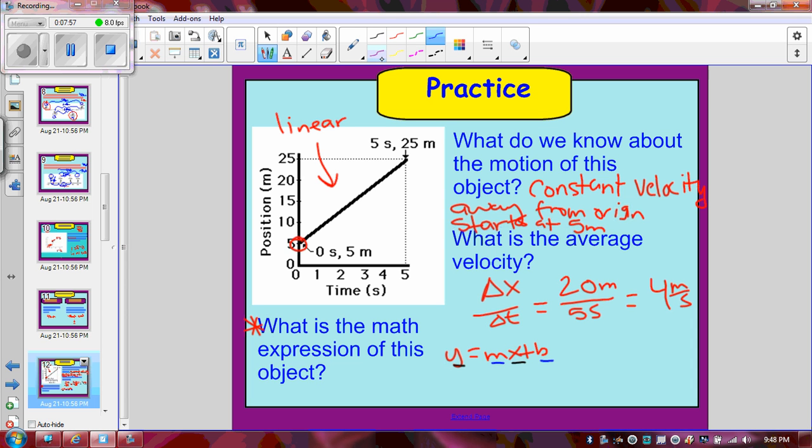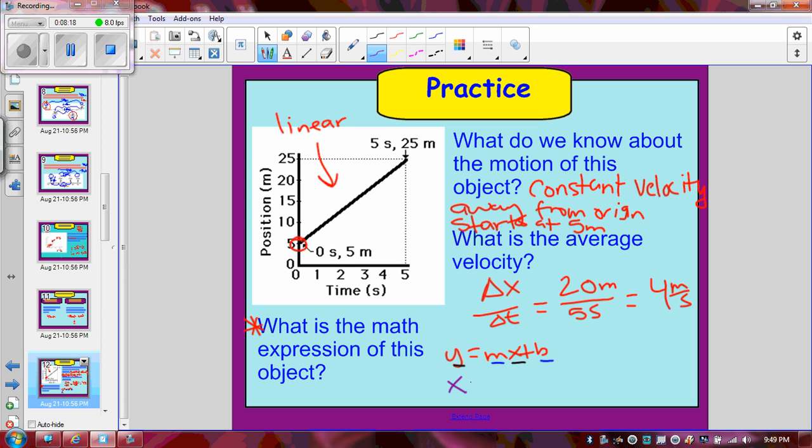So when I put this in physics or math expression, I want to make sure that I put everything in appropriately. So first let's go through and let's go ahead and look at the y and the x. The y in this case is position. Now you can write position, or remember the actual accepted variable for position is x.